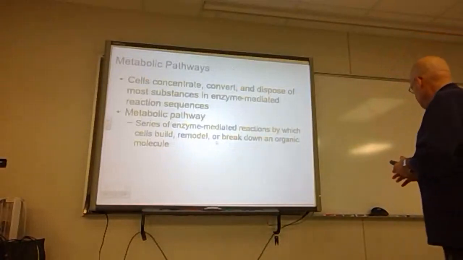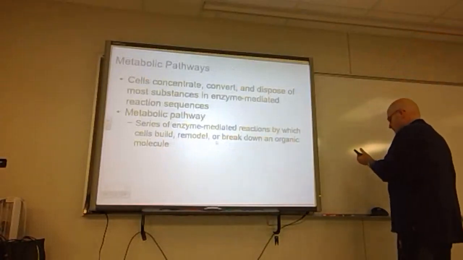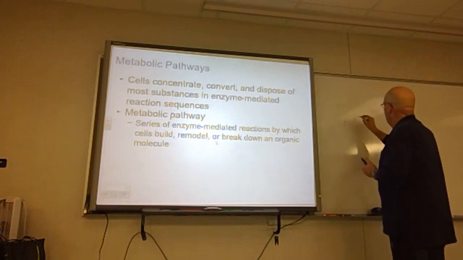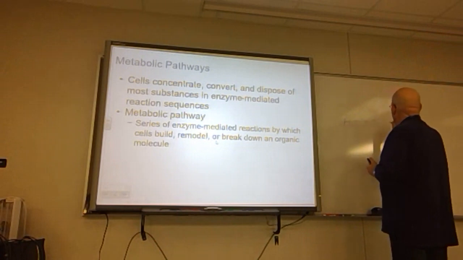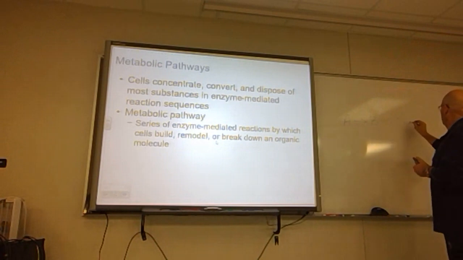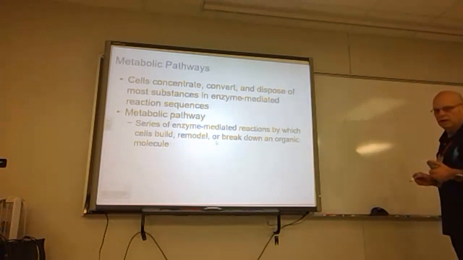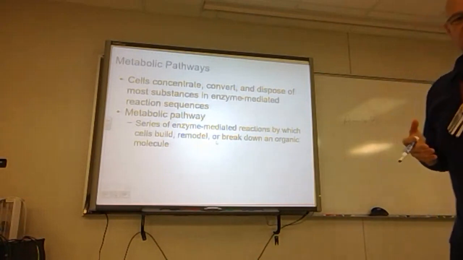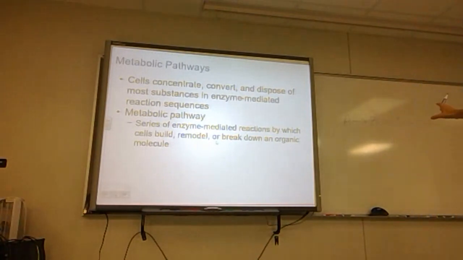Metabolic pathways. A metabolic pathway is a set of chemical reactions that looks like this. You have product A. Through a reaction will yield product B, which then through a different reaction yields product C, which through a different reaction yields product D. And in you and I, and in most living things, this cannot be altered.